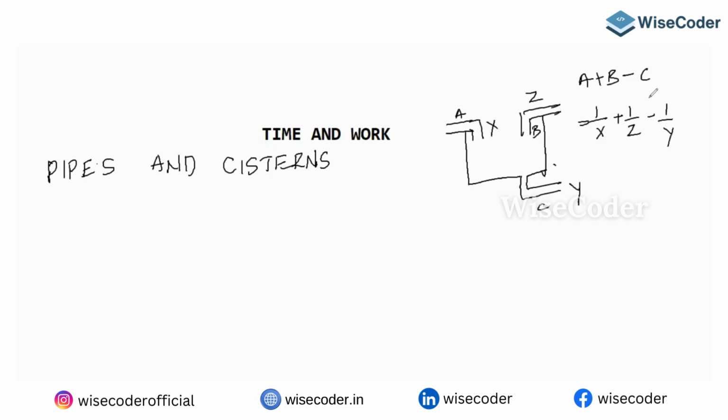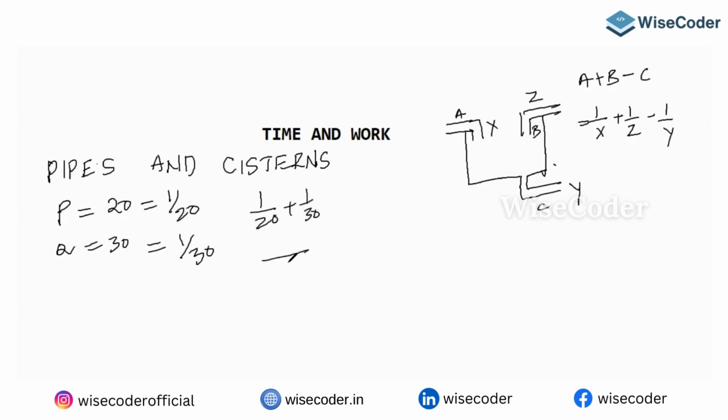Yeah, P is 20 minutes and Q is what? 30 minutes. Which means P can do a work in 20, Q can do the same work in 30. That's it, guys. So 1 minute work 1 by 20. Here 1 minute work 1 by 30, which means 1 by 20 plus 1 by 30.